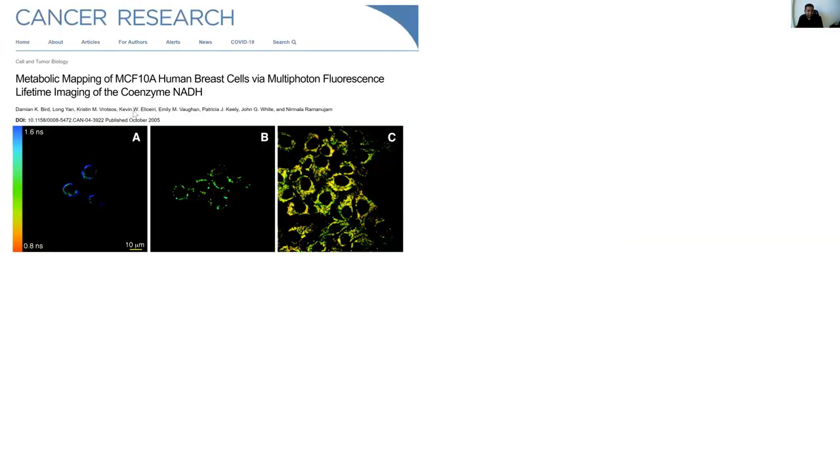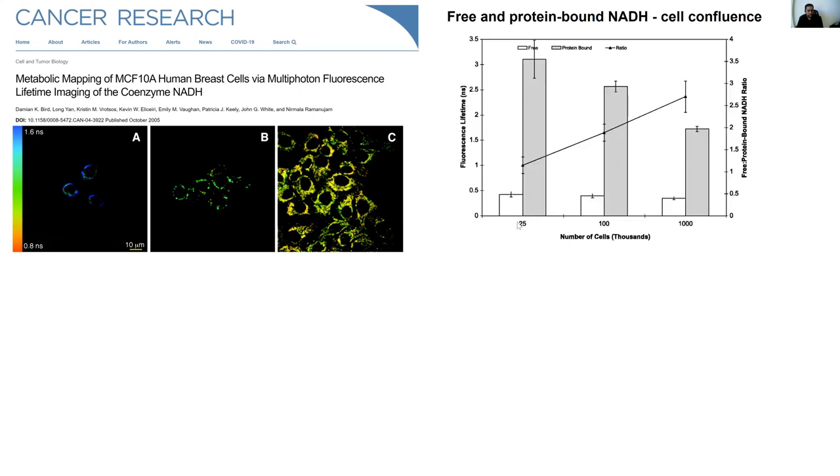The first paper that sort of started that is from Damien Bard and Ramanujam. I don't know how I'm saying that, but they are looking at MCF10A breast cancer cells, and they are looking at how many cells are there, so a level of cell density in a sense. You can see that the lifetime changes from low cell density to high cell density.